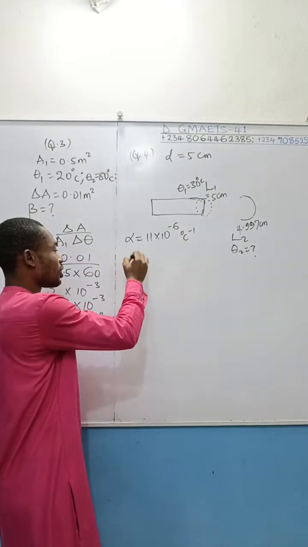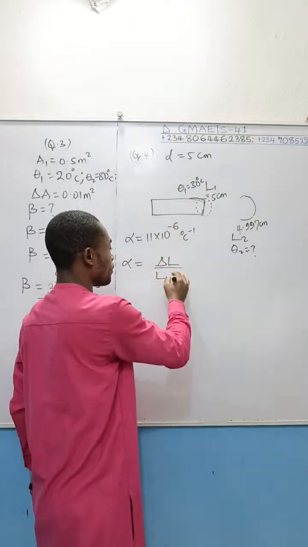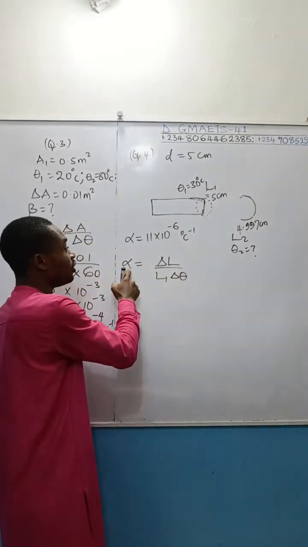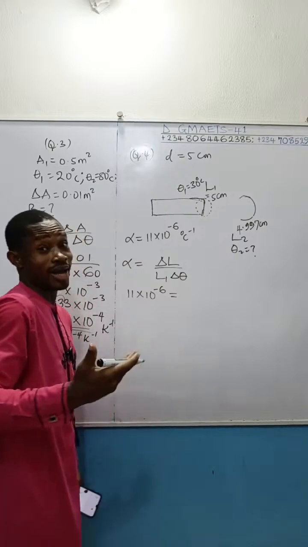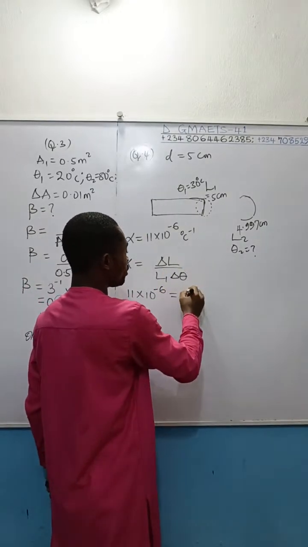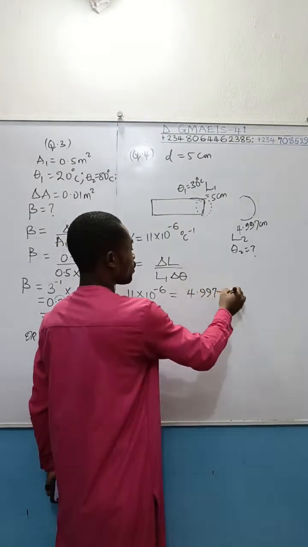So once again, recall that alpha is equal to delta L over L1 multiplied by delta theta. Now coming here, we know the value of alpha, 11 times 10 to the power of minus 6, even though I am thinking it should be 1.1 anyway. Now the change in length is going to be 4.997 minus 5.